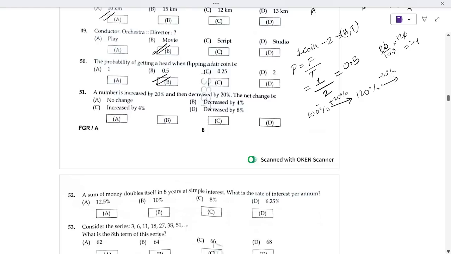So 120 minus 24 gives us 96. Starting was 100, ending is 96.